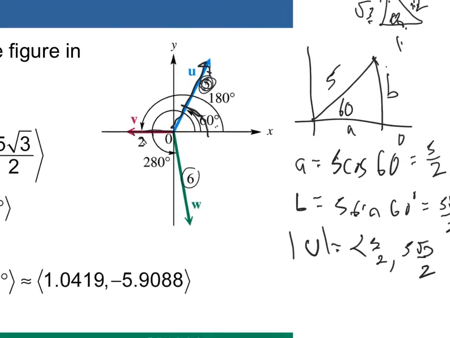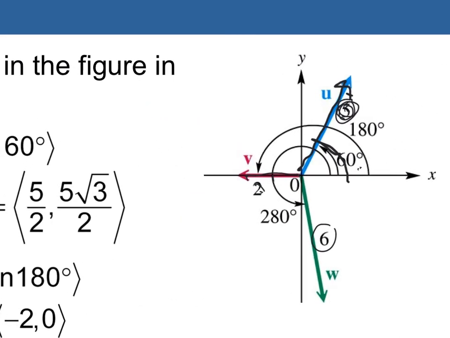If we were to work on vector V, vector V is kind of interesting. This now is my A. A is the same as the magnitude of the vector times the cosine. Let's just do it. You're going to see it. It is 2 times cosine of, what's that angle? It's 180 degrees.